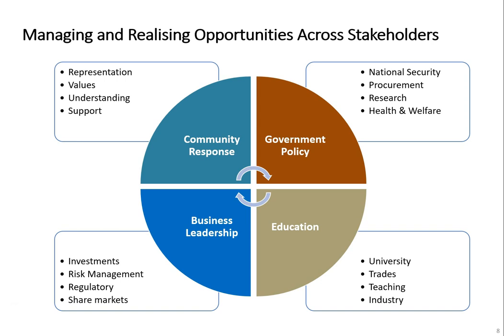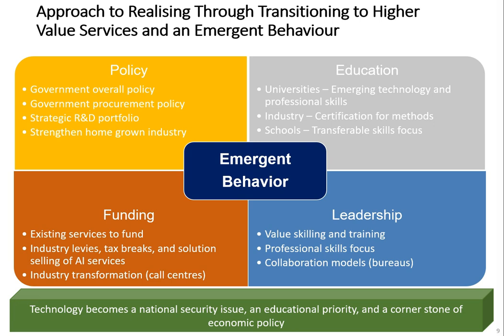Again, all of this is more than just the technology, and it is about an emergent behavior for achieving outcomes. The integrated ecosystem, staged, incremental, pragmatic, practical approach based around outcomes comes from an emergent behavior.